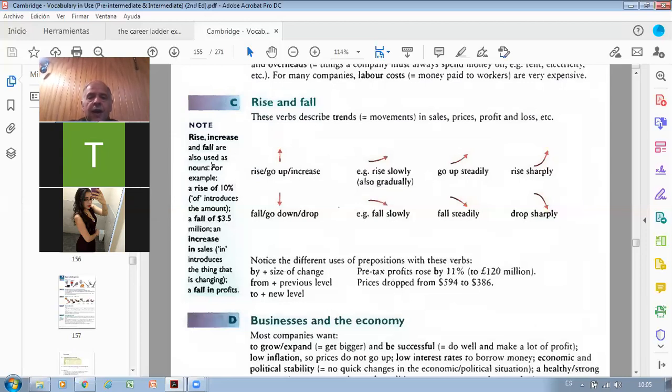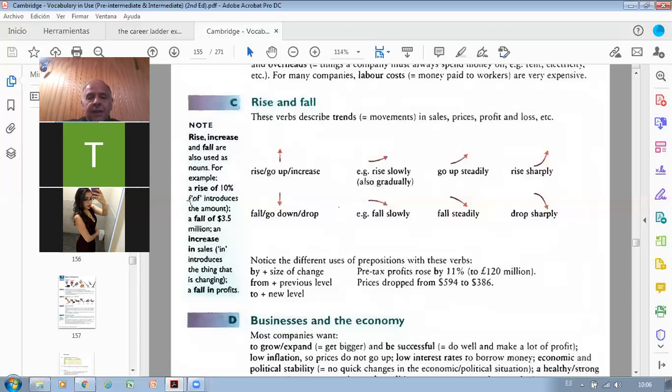And here also you have some other things. Rise, increase, and fall are also used as nouns. For example, a rise of 10%. So these are verbs, but also can be nouns. Rise es subir, increase, subir o aumentar, and fall, caer. But you can also talk about un alza o una caída.